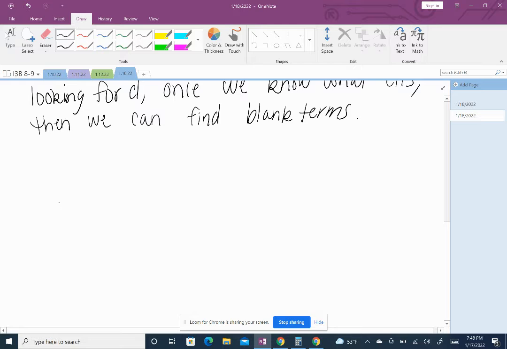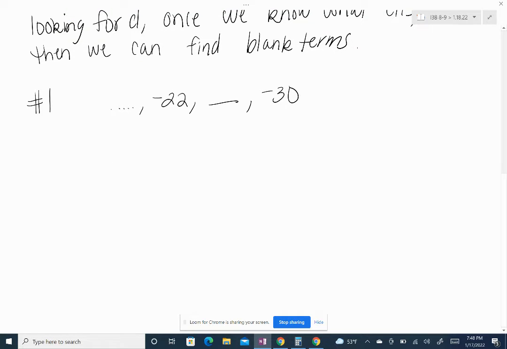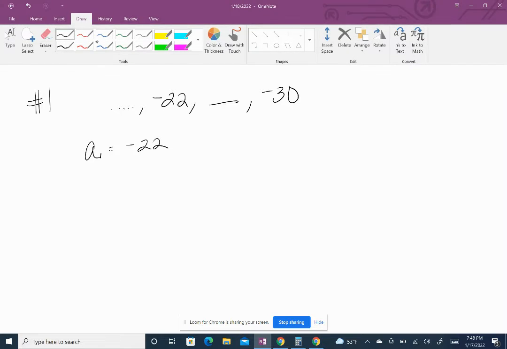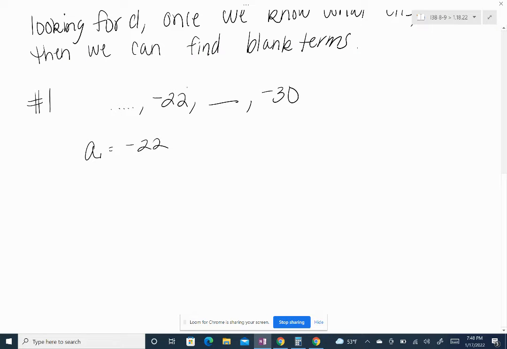So once we have the numbers, that's the first problem. Let's say we have negative 22, a blank, and a negative 30. So our first term, A1, is going to be negative 22. Actually, we'll do n next. So we want to count all the numbers that we see.